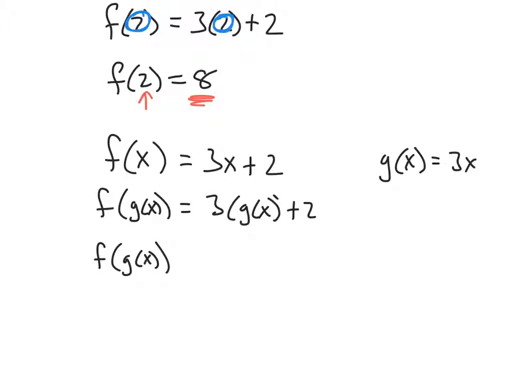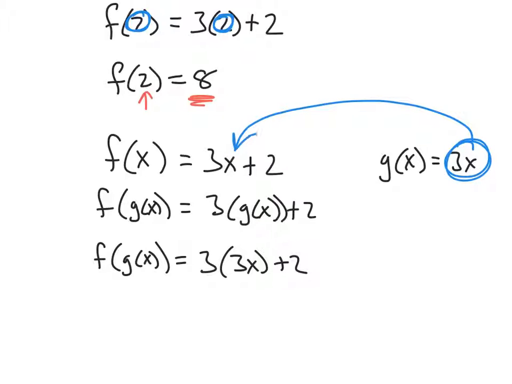Then we are going to say that's 3 times 3x plus 2. We are literally taking that g of x function and plugging it into our f of x function. So that's called the composition of functions. We're taking one function and plugging it into a second function. Any questions on that? What it means?